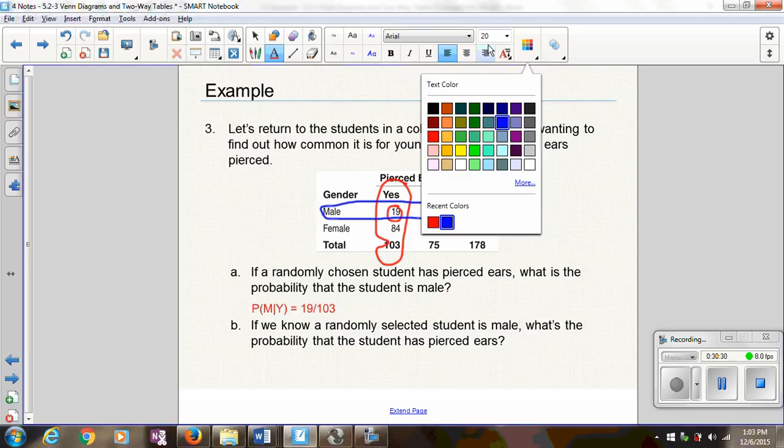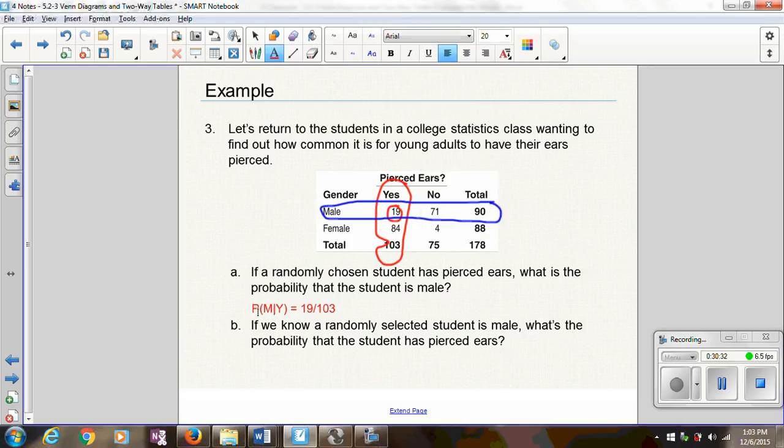So the notation now, instead of being the probability of M given Y, is going to be the probability that the person has pierced ears, given that they're male. And so again, I'm only looking at the male students, and I know there's 90 of them. Since I'm only looking at that 90, the probability of the male having pierced ears is going to be 19 out of 90, which is a very different number than before.